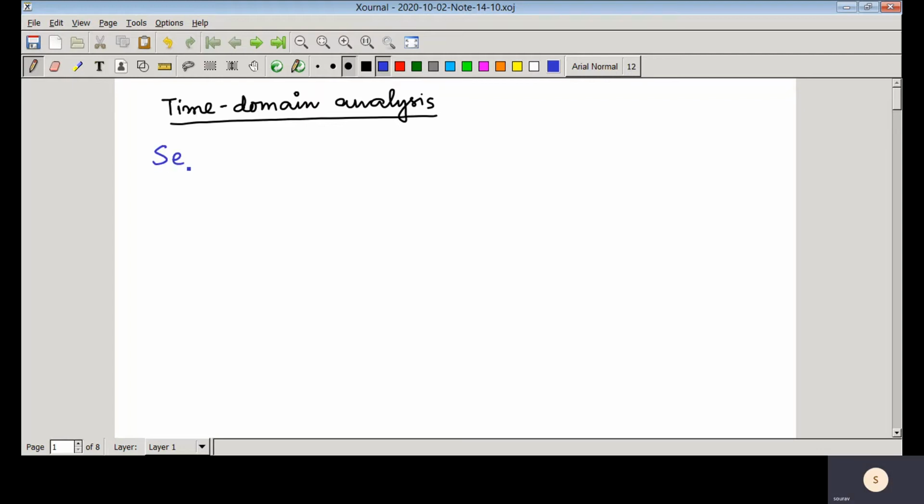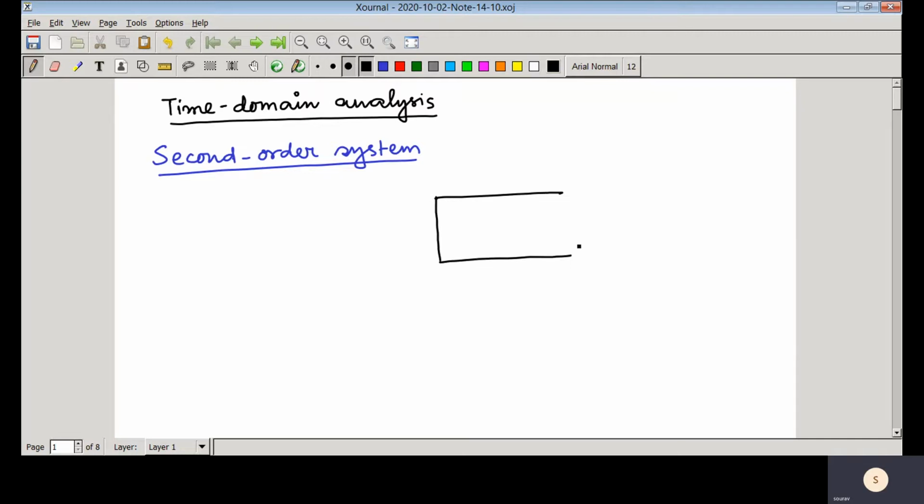So this is second order system. Let us first draw the block diagram. Suppose we have the forward path transfer function, that is omega n square divided by s into s plus twice zeta omega n, and we close this loop.